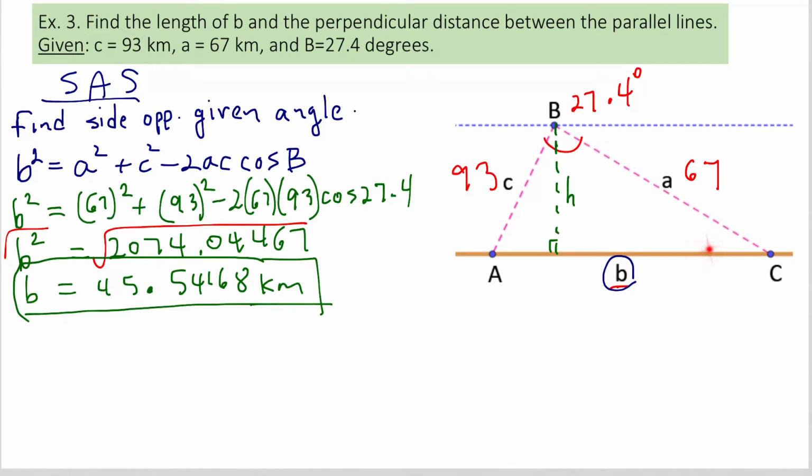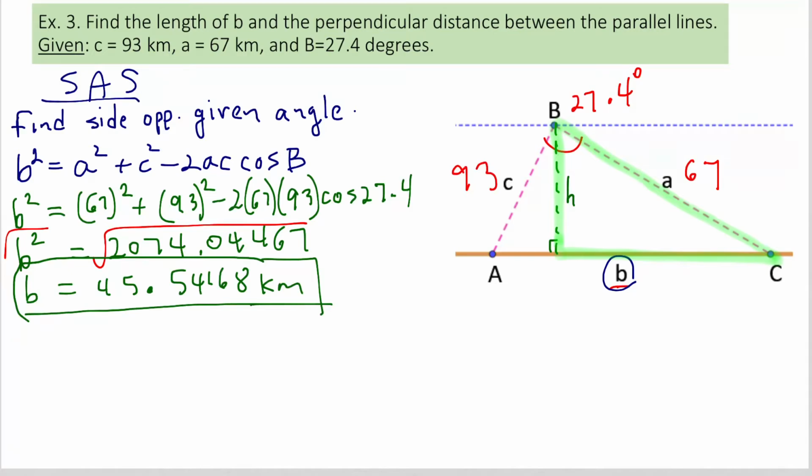So let's just arbitrarily say that I'm going to find angle C, which means I want to use this triangle here to find H. So let's find angle C next.